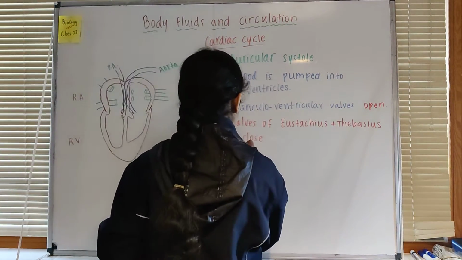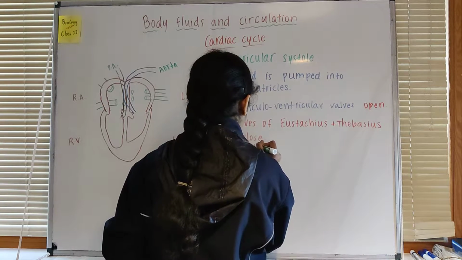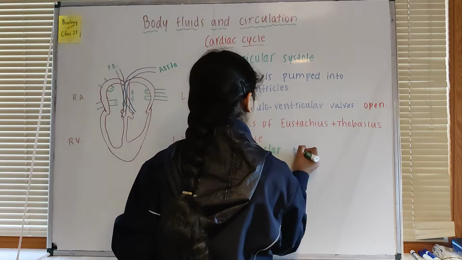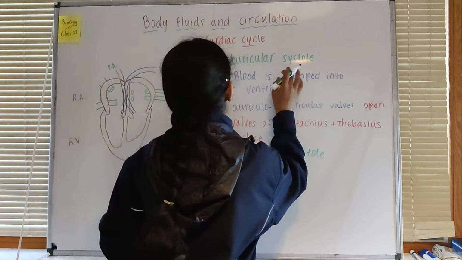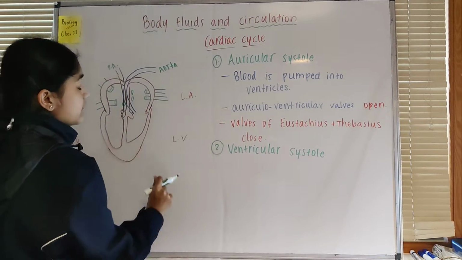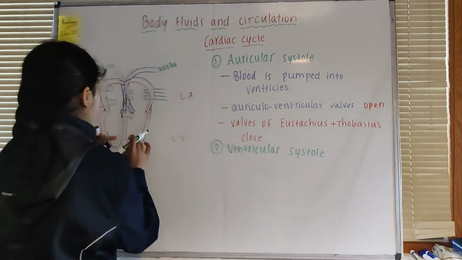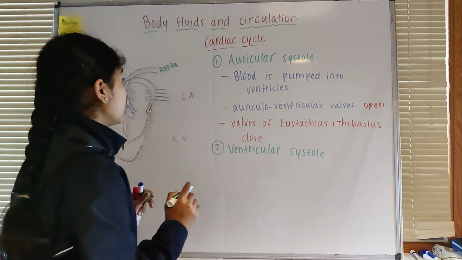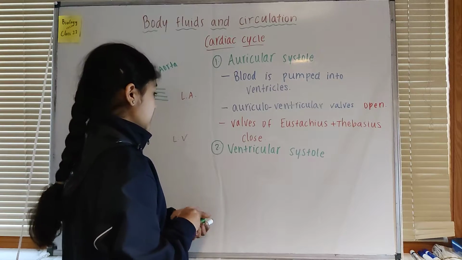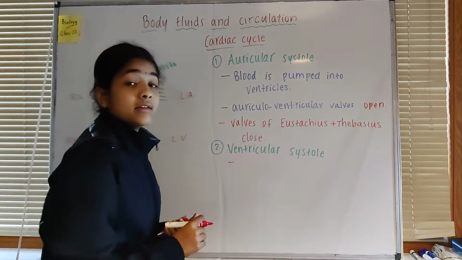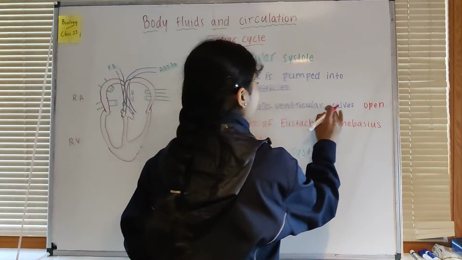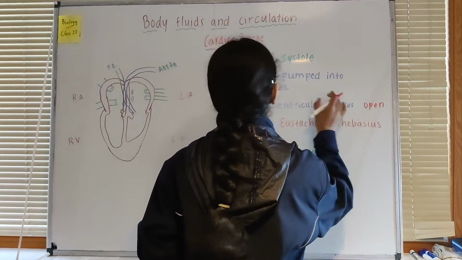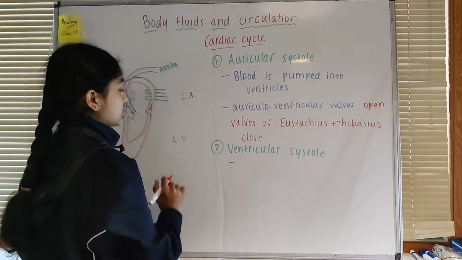The next one is ventricular systole. In the first step, the auricles are contracted. In ventricular systole, the ventricles are contracted. Let's see what happens in this step. We said the auricular ventricular valves are open in auricular systole.